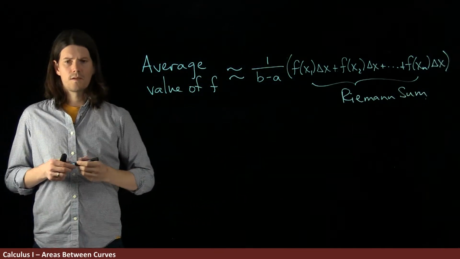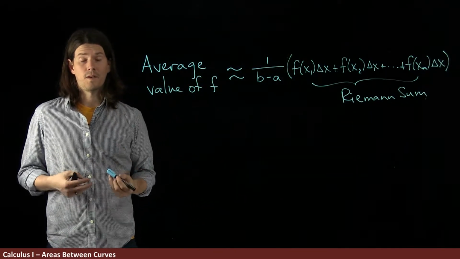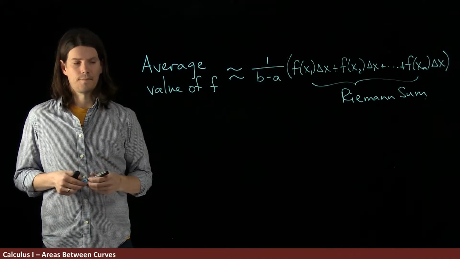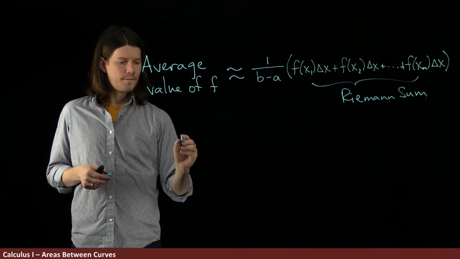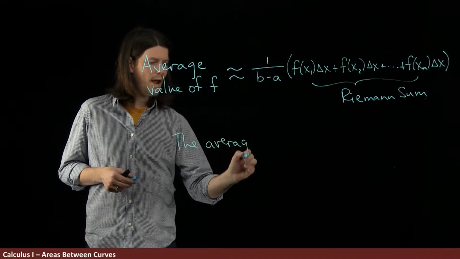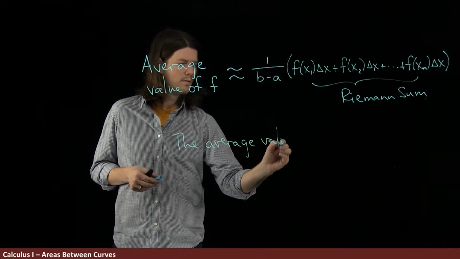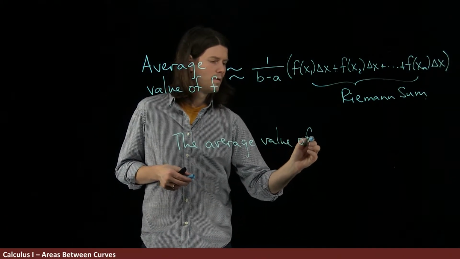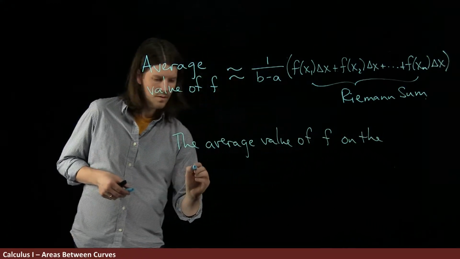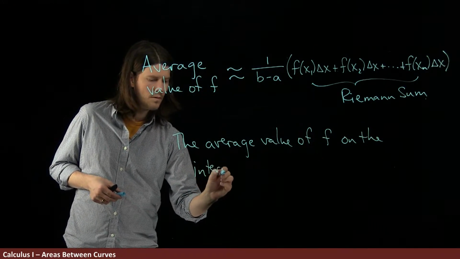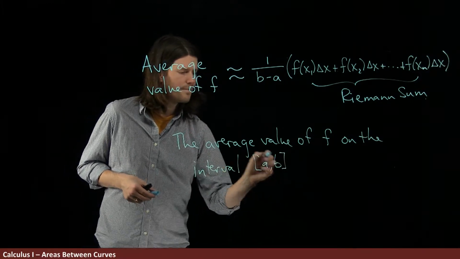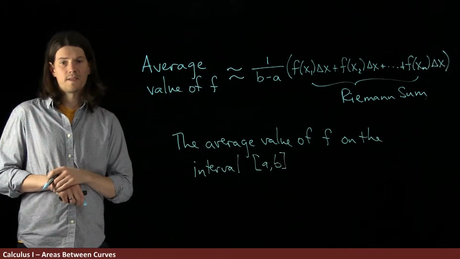And so this leads us to the main idea of this section. It leads us to our formula, and we took all this time to derive it to try to make sense of it. So that's the following. The average value of f on the interval a to b, and we have in mind that f is continuous.